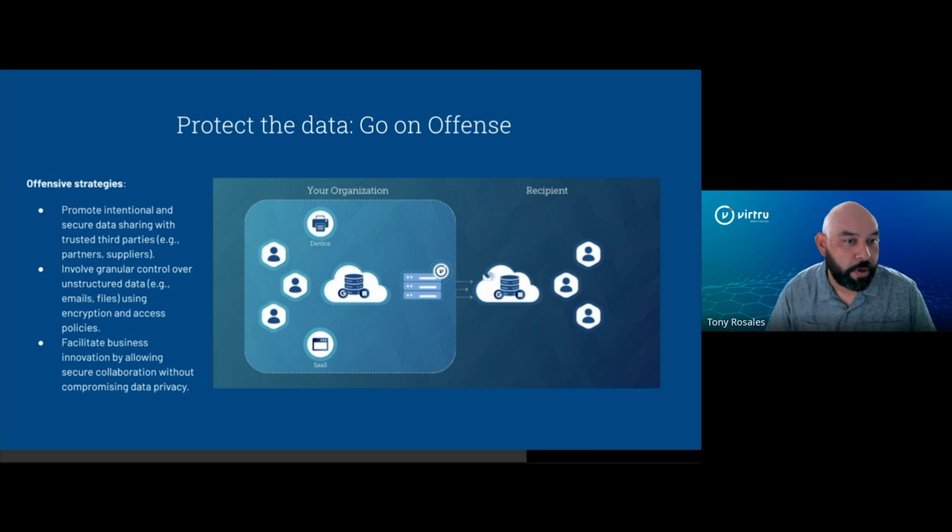And we're doing it in such a way that it's going to give you the ability to have granular access control over that. Doing things like something as simple as setting up an expiration date, or the ability to revoke access once it's left your hands, so to speak, right? Being able to actually control that information outside of the perimeter is really the crux of what we're doing here at Virtru.